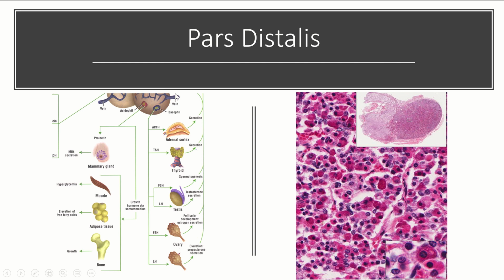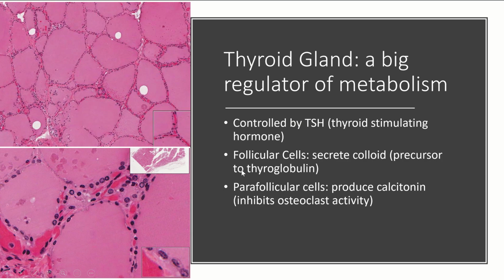I don't need any more of that thyroid hormone, so I'm going to produce less TSH. Okay, so this negative feedback loop, that's how they talk to each other, and they say, hey, are you doing your job? And they'll send back their hormone and say, yes, I am, here you go. So that's what the pituitary gland does, it controls all the other glands. It's kind of like the big coordinator.